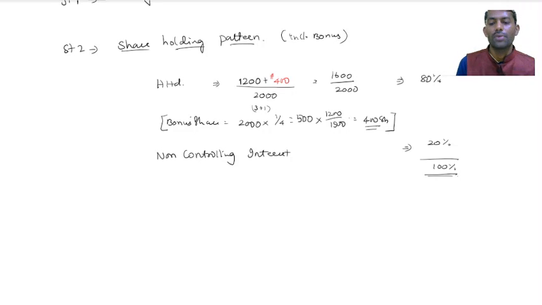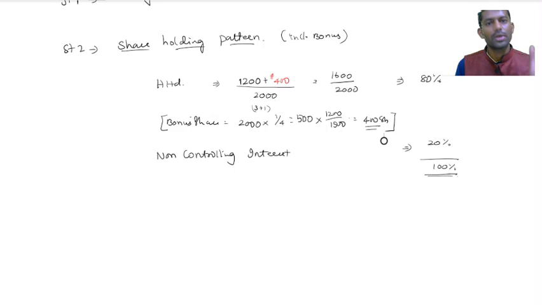How 500 bonus shares? Bonus has been declared, one for every 3 held. That means if 3 were there, 1 would be bonus. Therefore, including bonus, it should be 3 plus 1, 4 shares. So 2,000 is including bonus, and 1 by 4 of it is bonus issue, which gives 500 shares. So 2,000 minus 500, 1,500 was the previously held shares.